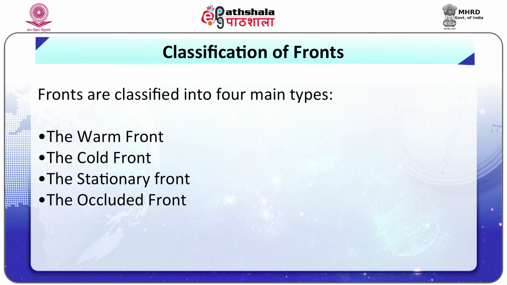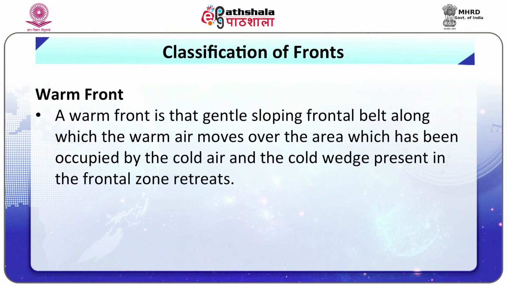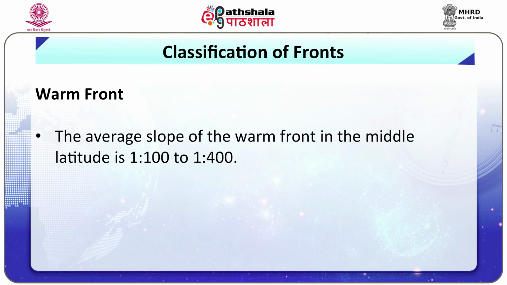Warm front. A warm front is a gently sloping frontal belt along which the warm air moves over the area which has been occupied by the cold air, and the cold wedge present in the frontal zone retreats. The average slope of the warm front in the middle latitude is 1 in 100 to 1 in 400.